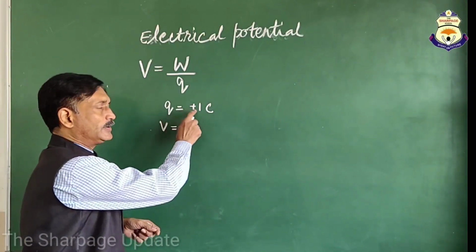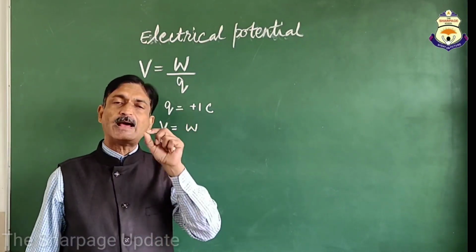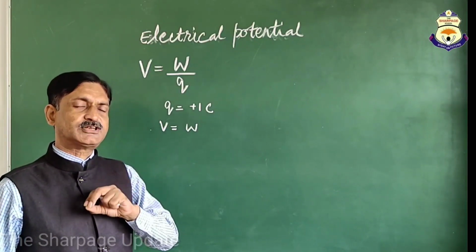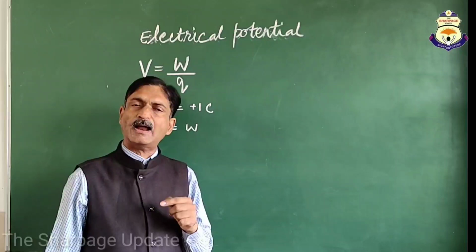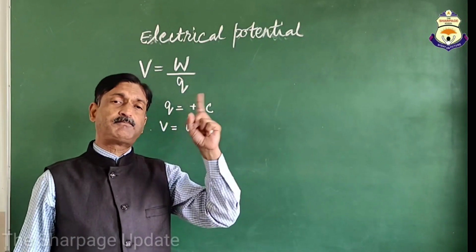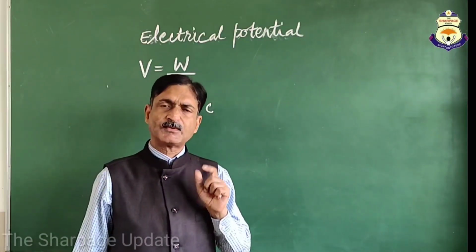Here, I am taking Q equal to plus 1 coulomb. This charge is known as the unit positive test charge, represented by Q0. As I told you before, in the previous video I have explained the meaning of unit positive test charge.